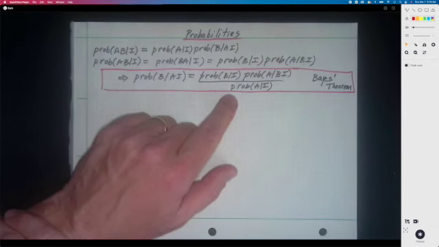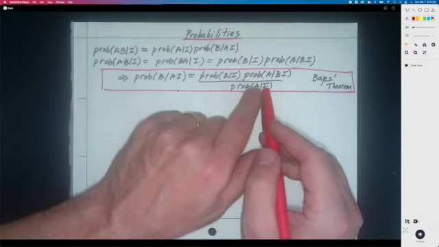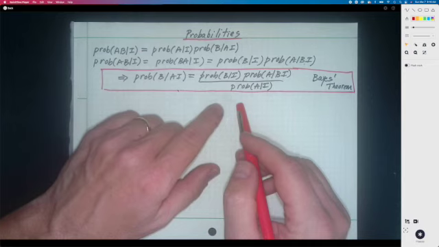And this is a very important result. It's very simple, but very important, because it allows us to update the probability of various propositions.